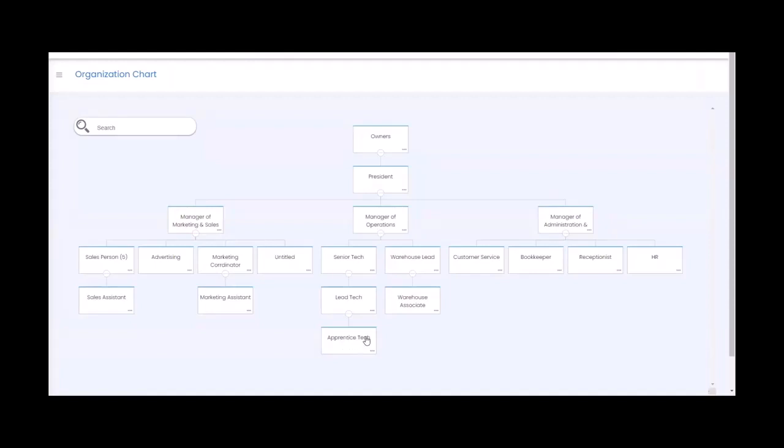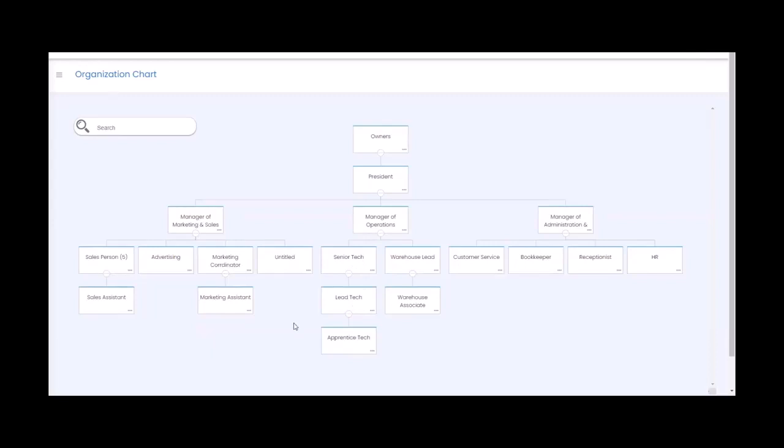And then you train that person, and when they're ready, they move here. Then they learn all the processes and are trained in the processes on this job description, and then they move up here. So right here, you've got all the processes identified, and as an apprentice, they need to demonstrate that they can do all those processes on this job description. When they're ready, they move here, and then they move here.